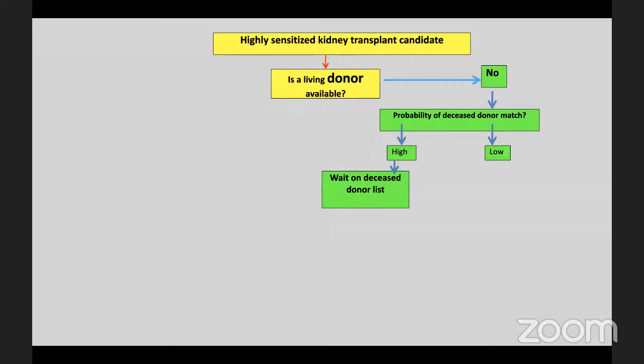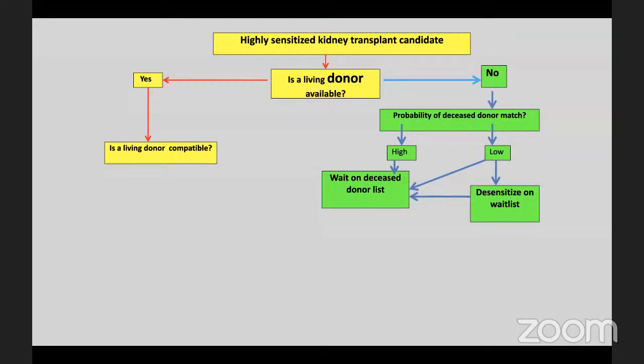If the probability of a deceased donor match is low, then we desensitize the patient on the wait list, and the patient remains on the wait list till he gets a positive outcome. If the patient has a living donor and the donor is compatible, we go in for a transplant.